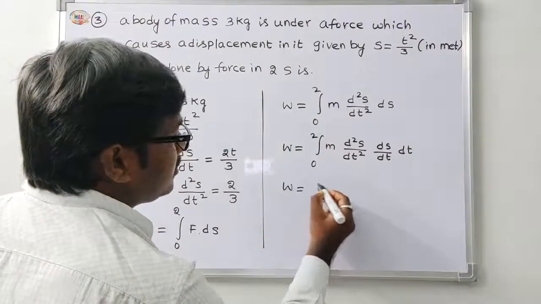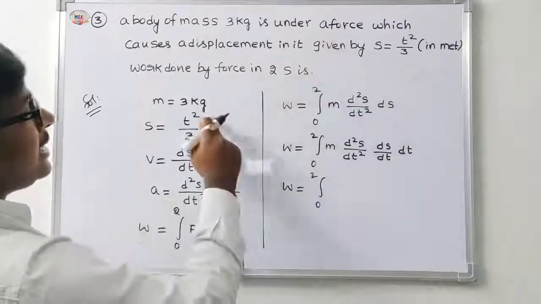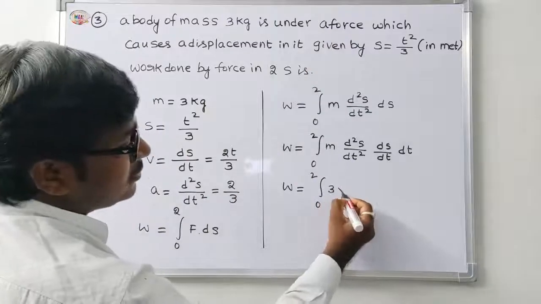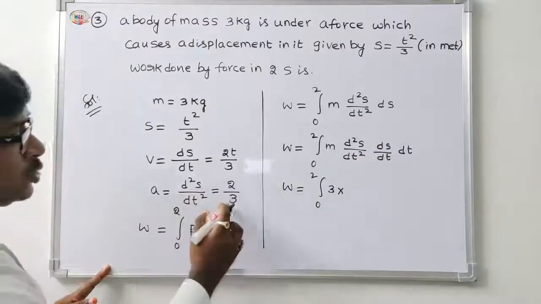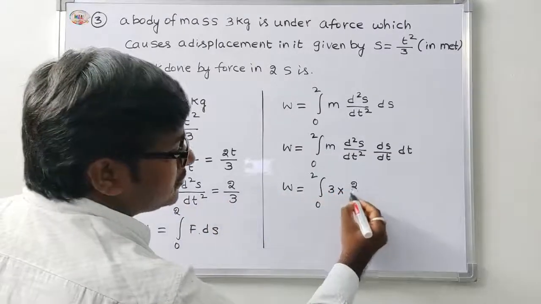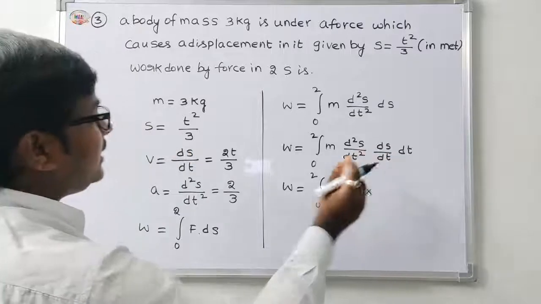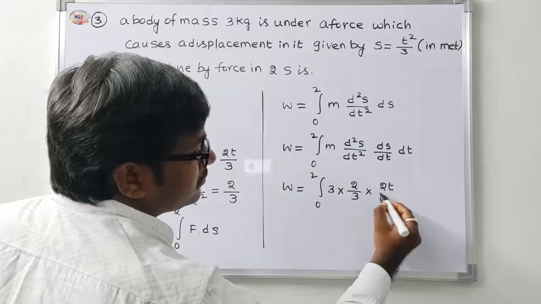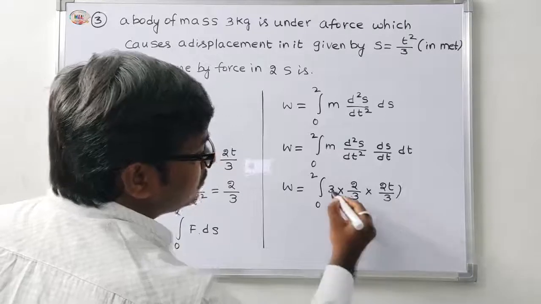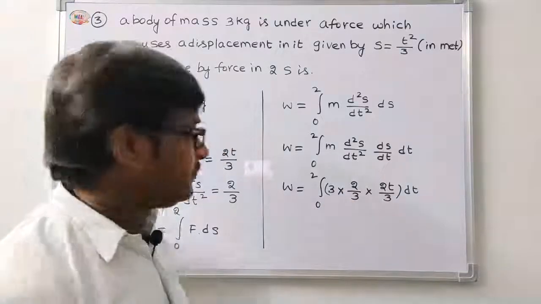Work done is equal to integration 0 to 2, m value 3 kg, 3 into d square s by dt square, that is the acceleration, 2 by 3, into ds by dt, that is velocity 2t by 3, into dt with respect to time taken.